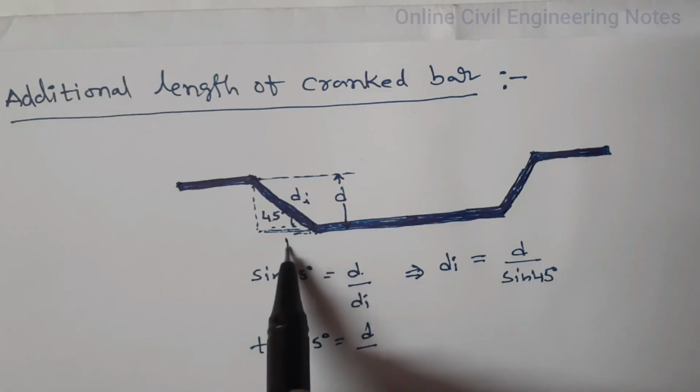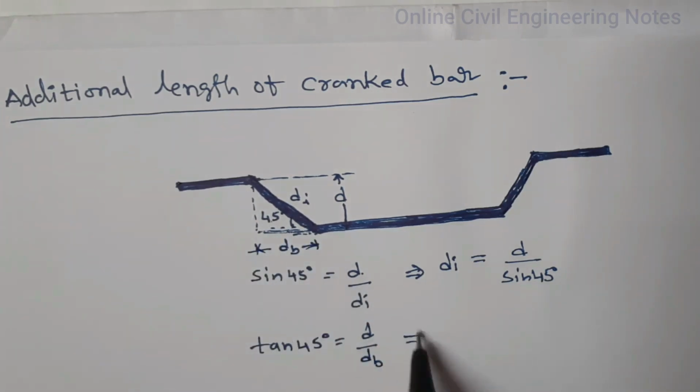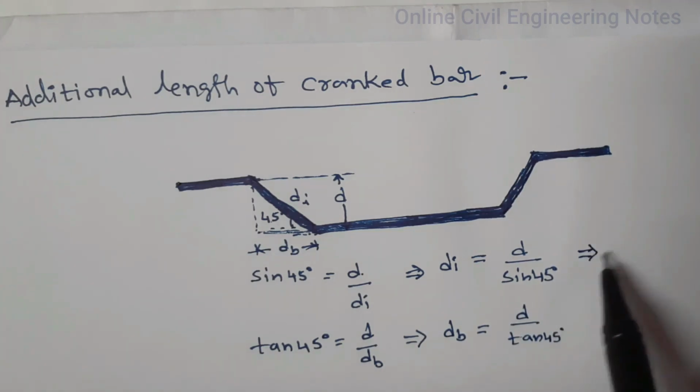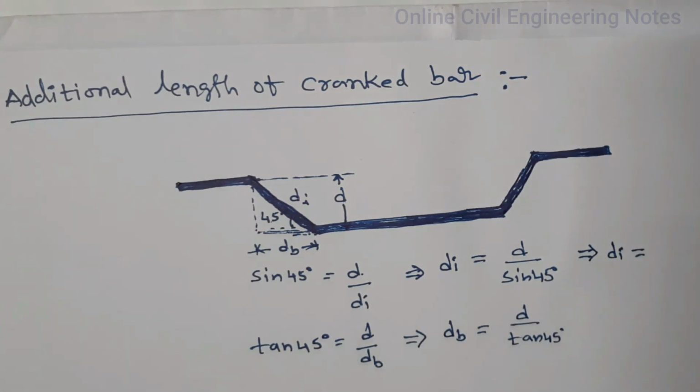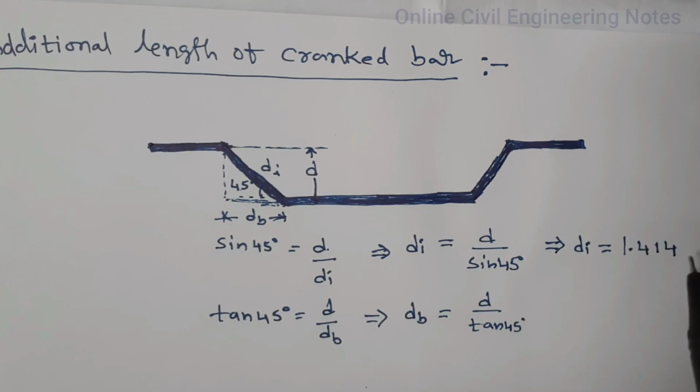Say it is dB. Therefore, dB is equal to d by tan 45 degrees. Simplifying these two, D inclined is equal to 1.414 times d. dB is equal to 1 times d. Why? Because tan 45 is equal to 1. 1 into d is equal to d.